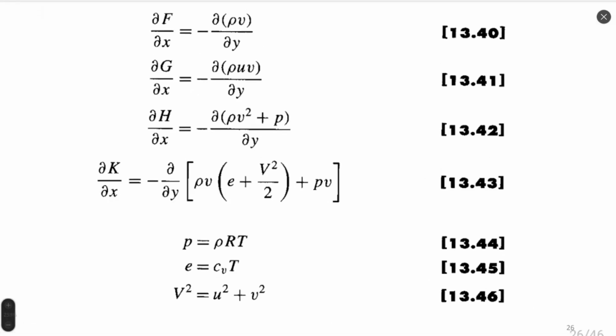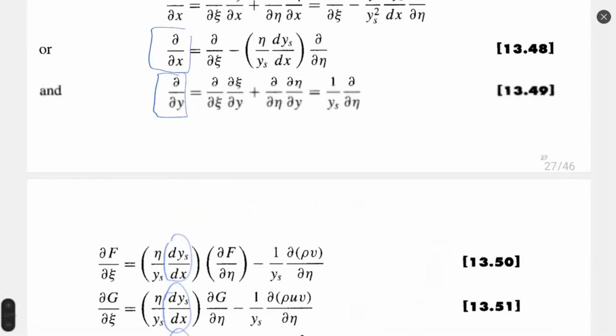They are just right sides of flow equations. F corresponds to continuity, G and H correspond to momentum equation, K corresponds to energy equation. Right side of these equations.